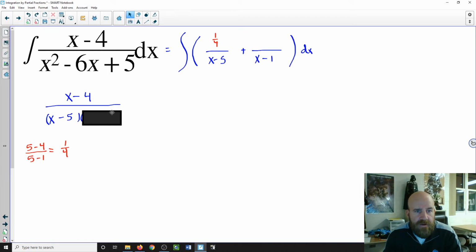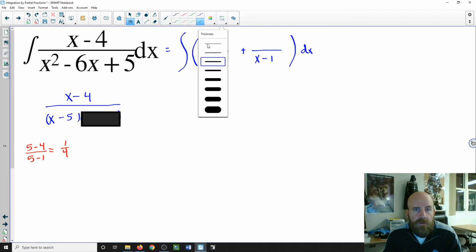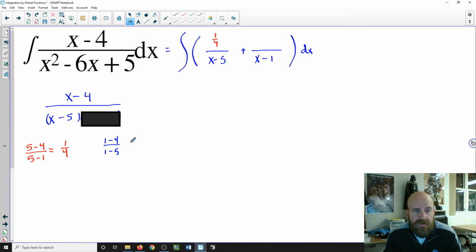Plug that in. We have 1 minus 4 and 1 minus 5. So we end up with -3 over -4, which is 3/4. So we put 3/4 above that factor that we zeroed out.